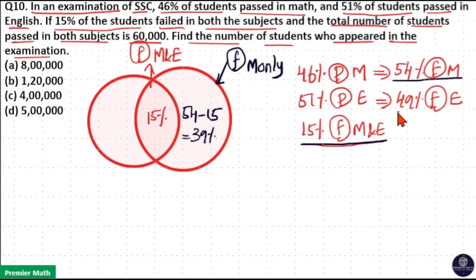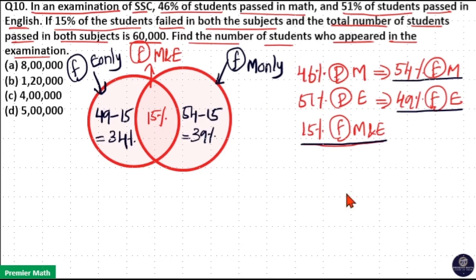In the same way, students who failed English are also included in the students who failed in maths and English. So 49 minus 15, which is equal to 34%, is the students who failed English only. Now the percentage of students who passed English only is equal to the percentage of students who failed maths only.